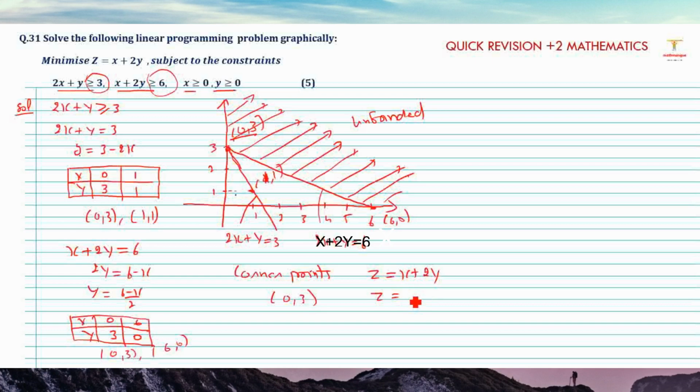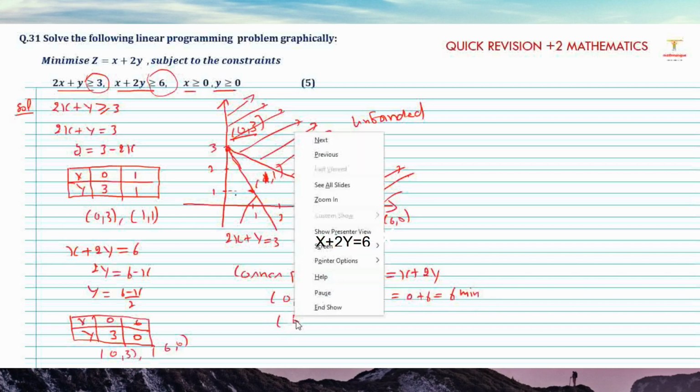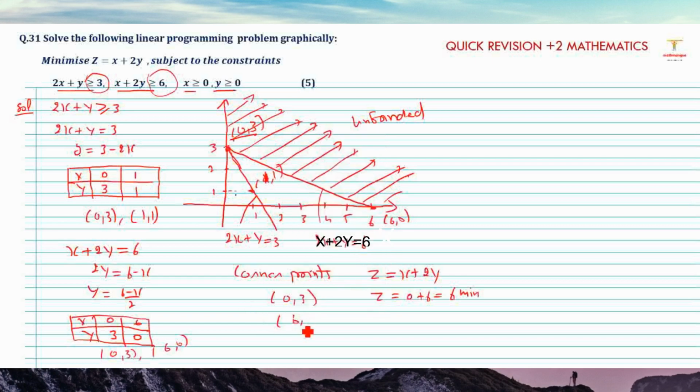This is the minimum value. And another point is 6 comma 0. So here we are getting again 6, see 6 plus 0, that is 6. So here the minimum value of z in both the cases comes out to be 6 only.